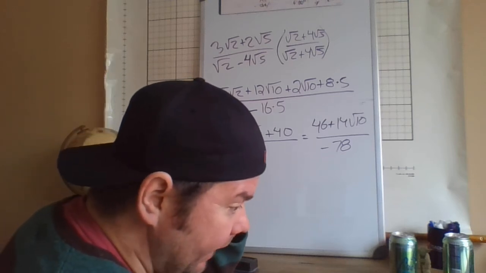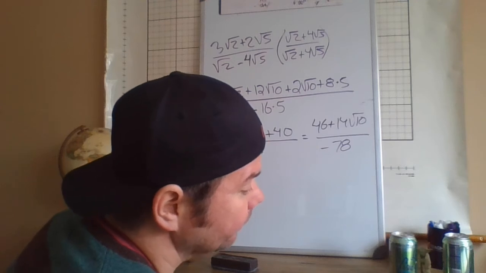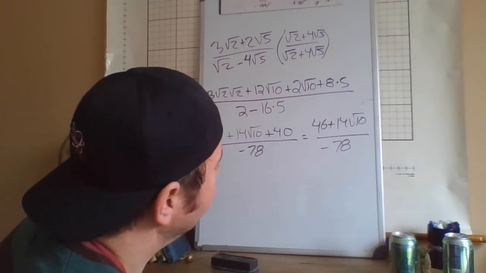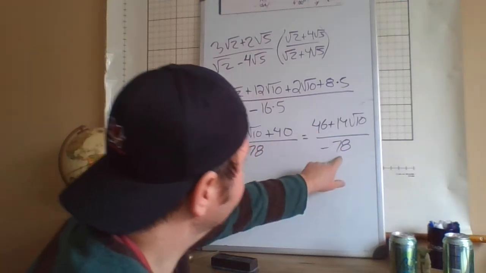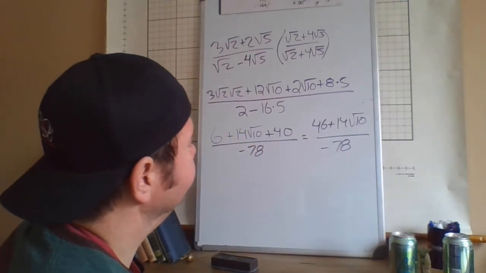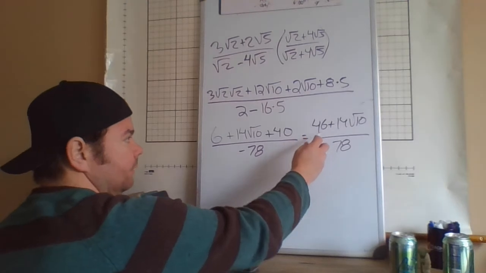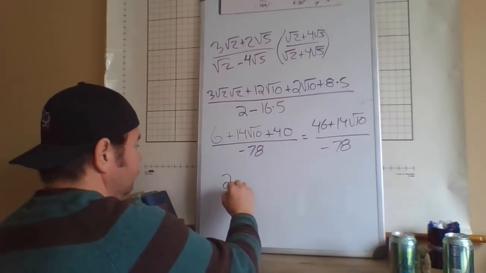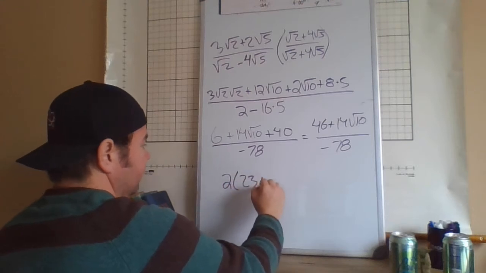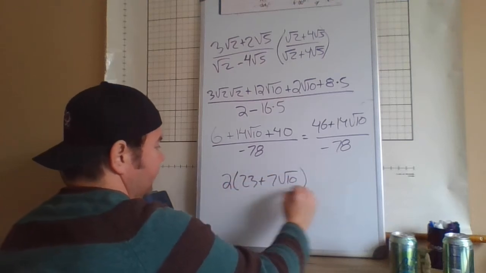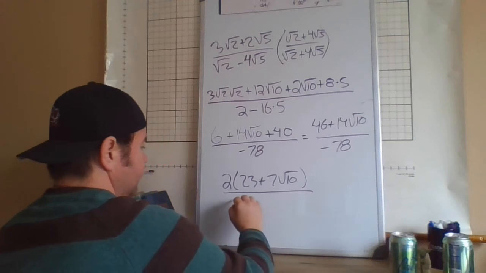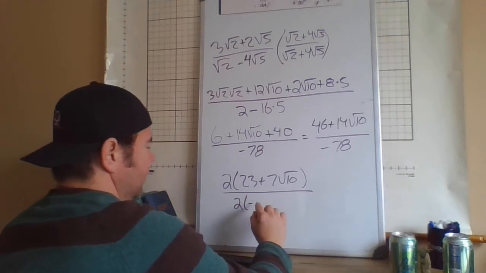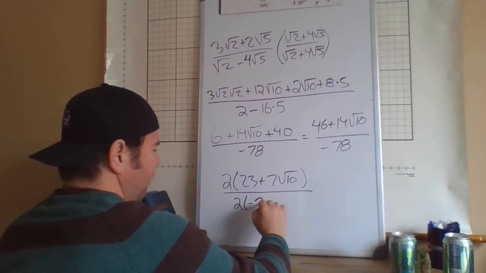Is there anything that I can factor out of this, though? It looks like I can factor a 2 out of this, this, and this. Yeah, so let's factor a 2 out. That's going to give me 2 times (23 + 7√10) over 2 times negative 39.